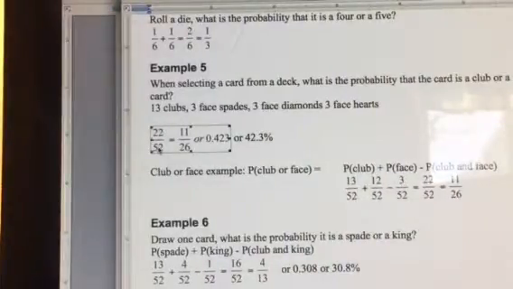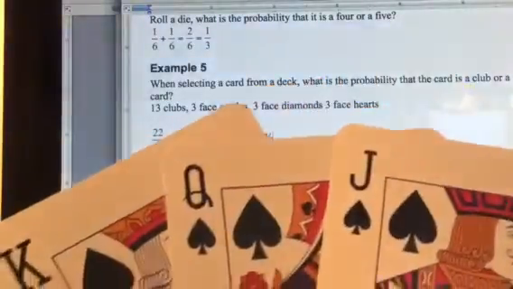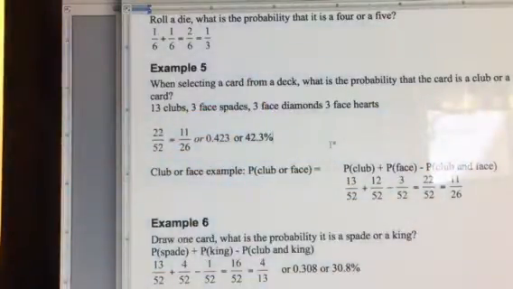So denominator is 52. Now, the numerator, we have to start figuring out how many from each suit make it true. If we start out with the clubs, well, all 13 clubs make it true because they're clubs. With the spades, it's just the 3 face cards.